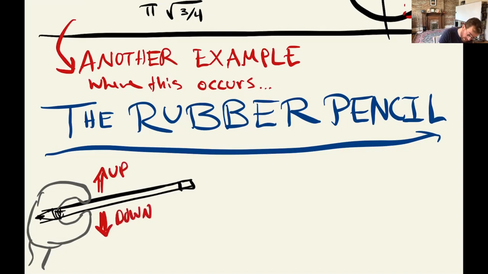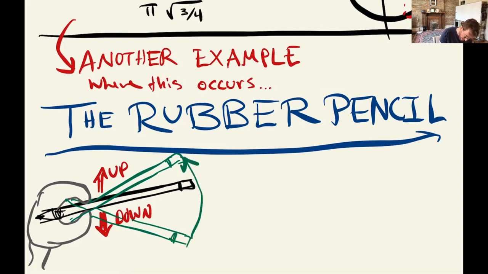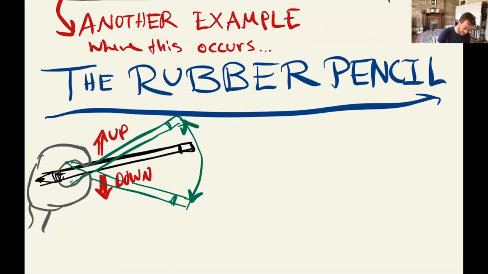What ends up happening is if you trace out the arc of where this pencil goes, you can see that the spectrum of possibilities tends to concentrate around these two endpoints here.